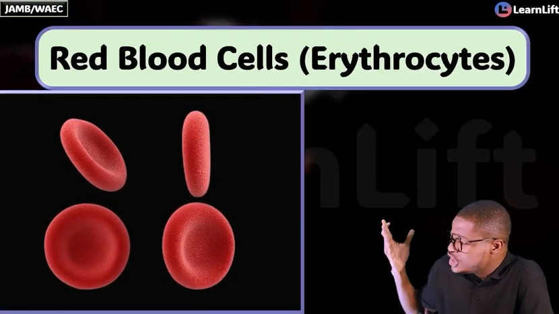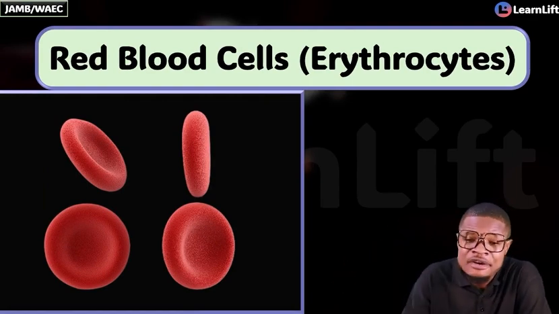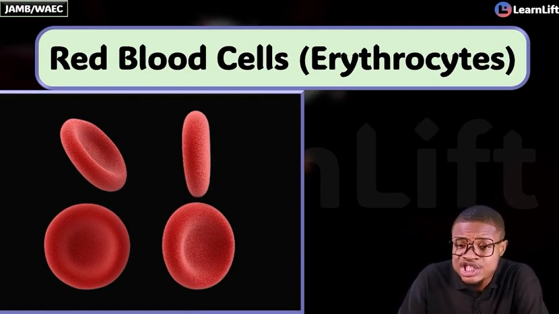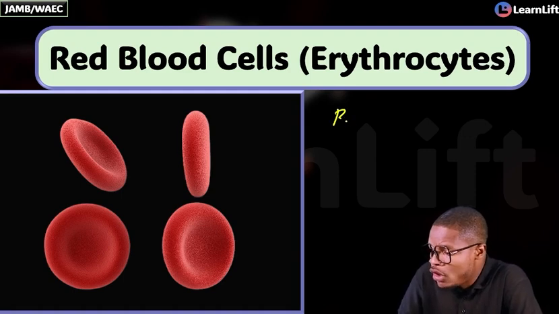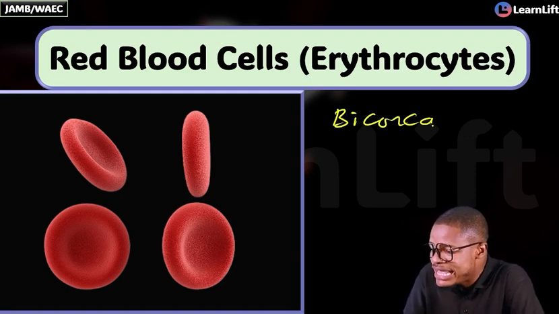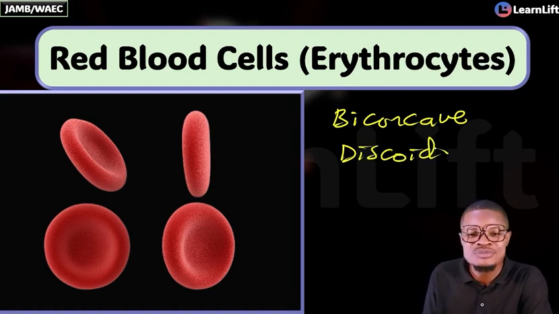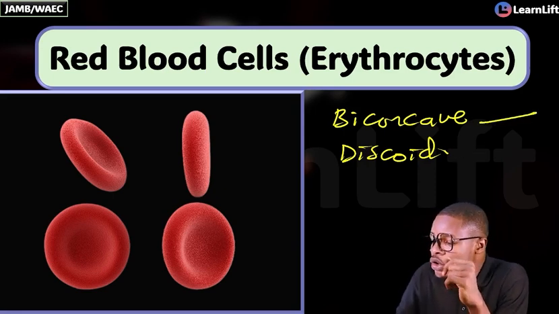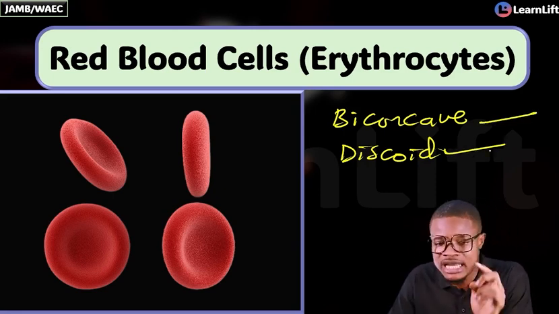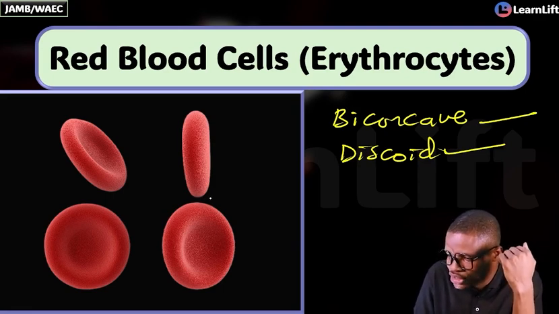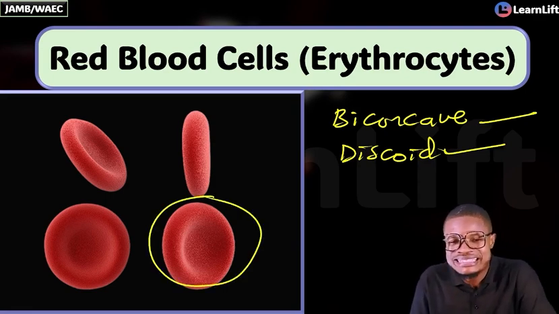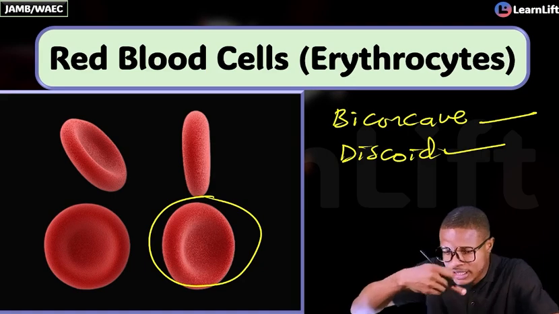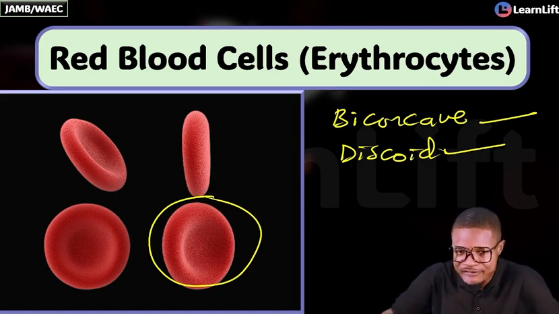Now, look at the shape of your RBC. You can see the shape, right? What's the shape called? It is called biconcave, or what? Discoid. So your red blood cells, first, they are biconcave or discoid in shape. Now listen carefully, let me explain. If you look at this shape very well, you can see that the outside, the edges, the periphery, they are thick.